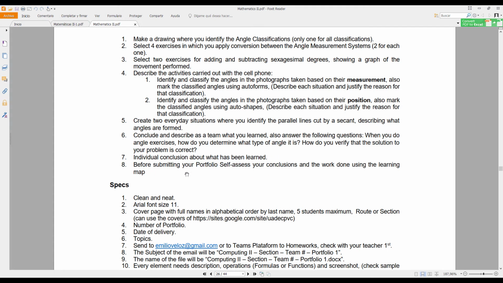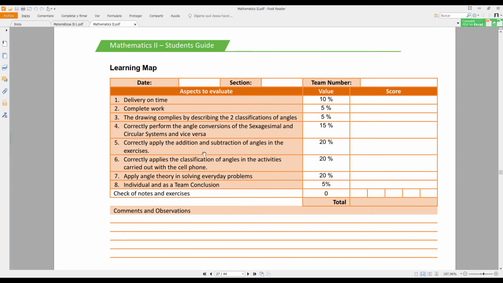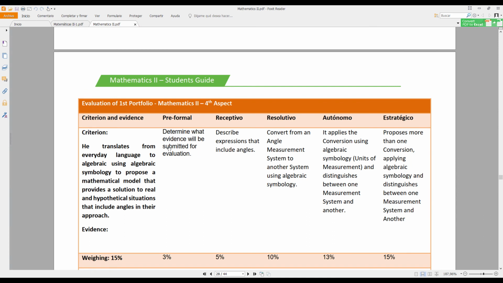Before submitting your portfolio, check the learning map. What is the learning map? This is the learning map. It's a table that has a value for the specs that you will do, and every aspect has another table.